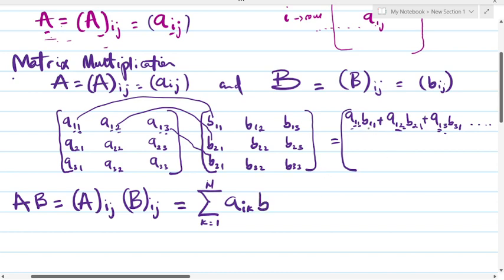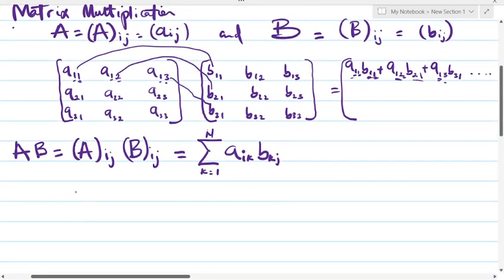For our B, it is the row that is increasing, which is 1, 2, 3, so we take that as k, while the column is fixed. The row is changing, the column is not changing, so we take that to be j. That is how to write the summation for matrix multiplication.